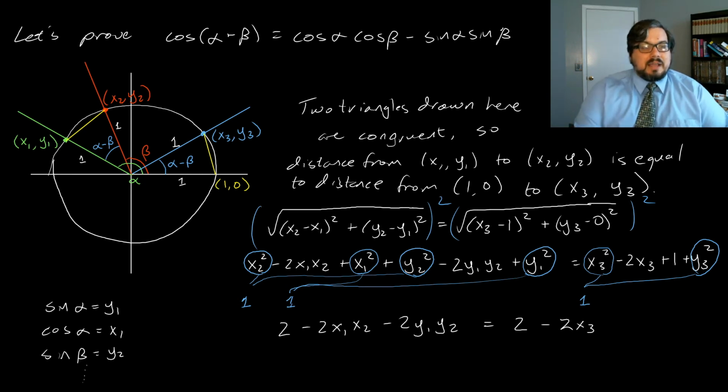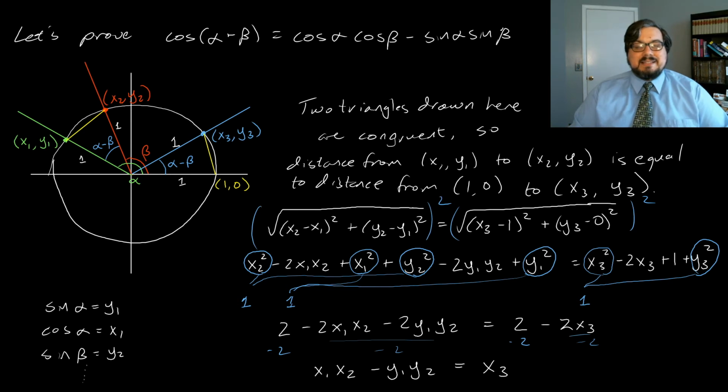So what I can do now is subtract 2 from both sides, which will cancel out the 2's, and divide everything by -2. So what that'll get us is x1 x2 plus y1 y2 is equal to x3.